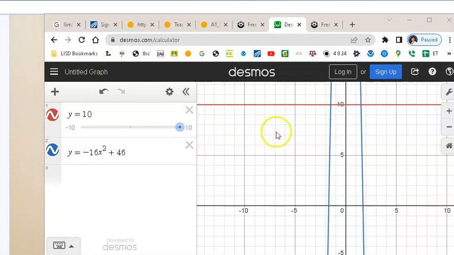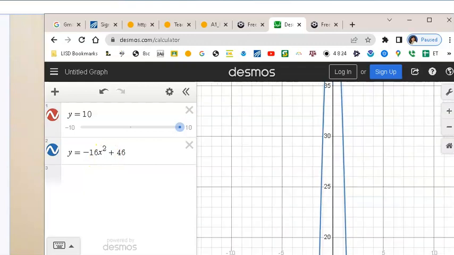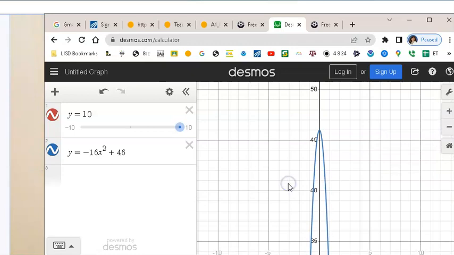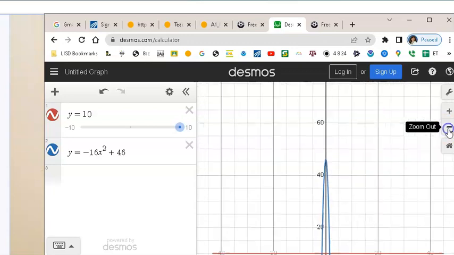Okay, I've gone ahead and hopped over here to Desmos, because my y equals 10 is a nice red line. My y is equal to negative 16x squared plus 46 is this blue parabola. And hopefully a little intuition will tell you that, yeah, obviously the maximum of the parabola is at 46 feet, because that's where the little squirrel is dropping the chestnut from.